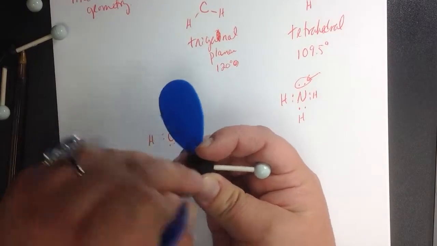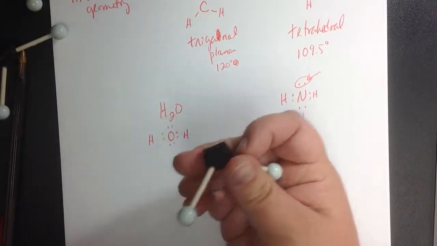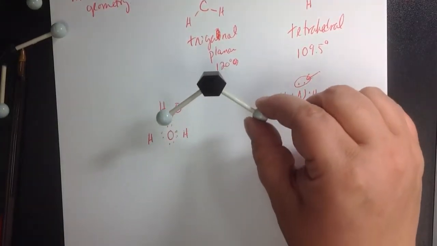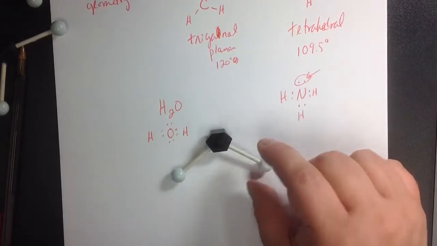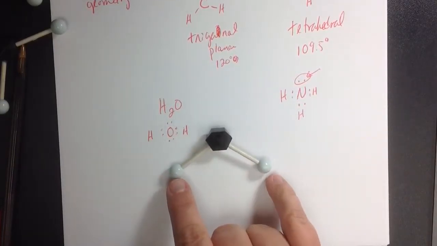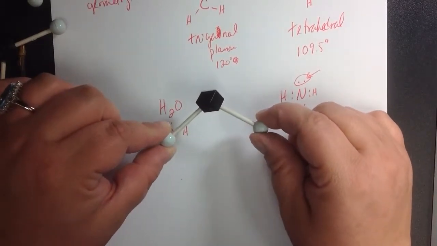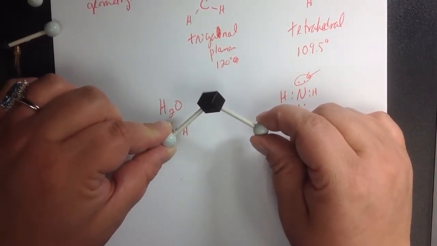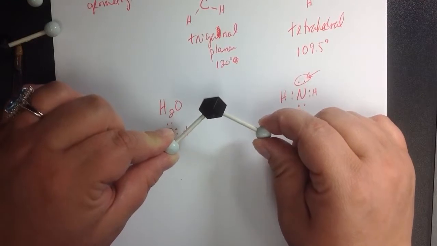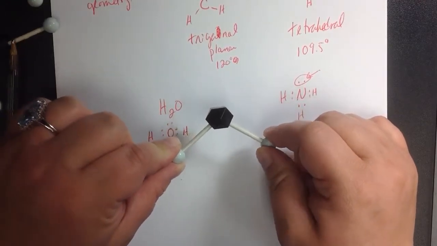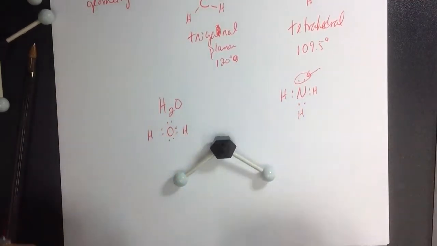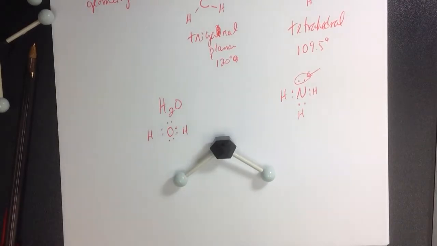But if we remove these and just consider where the atoms are located, oxygen's right here, here's your 2 hydrogens. This is a bent molecular geometry. It is very important to realize that water has a bent molecular geometry.